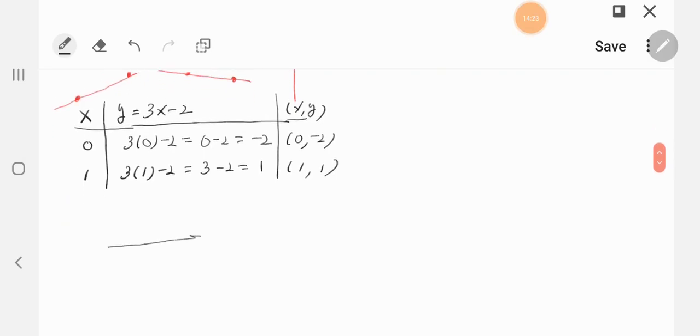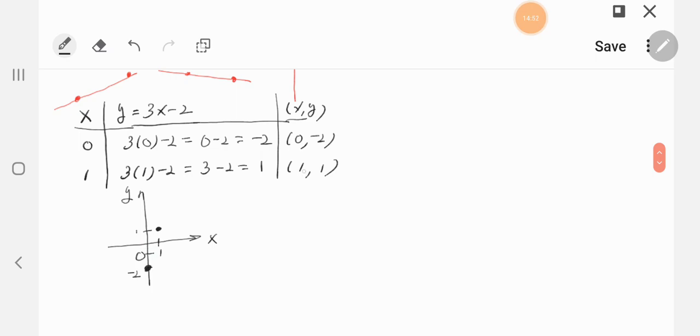Here is the x-axis, here is the y-axis. x equals 0, y equals negative 2 is over here, right?